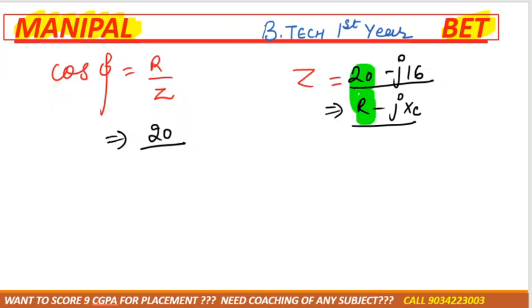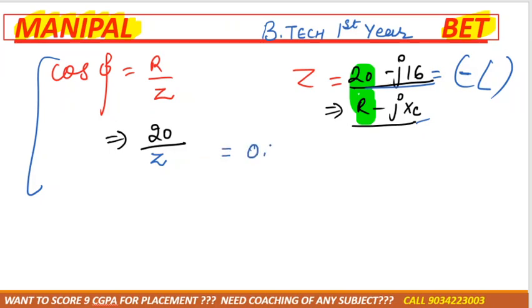And Z, how will we get the Z? Convert this Z from rectangular form to polar form. Whatever the magnitude you get, that will be the Z. So after solving, you will get 0.78. This is one of the methods.